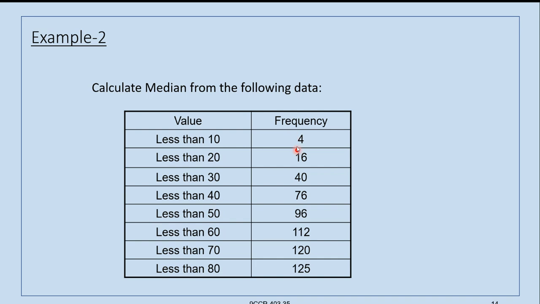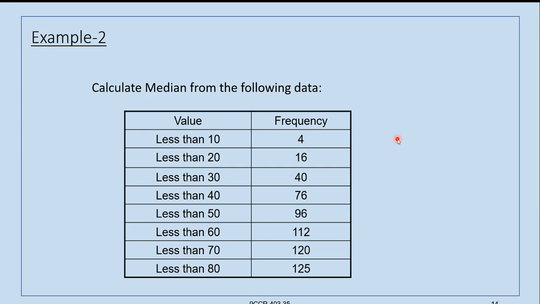Here we are given the cumulative frequency, so we have to convert this into ordinary frequency. That means the first frequency is 4. The next frequency is 16 minus 4. The next is 40 minus 16. You take a column here and put 4 here.